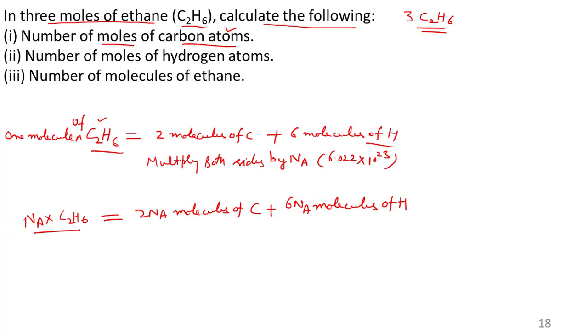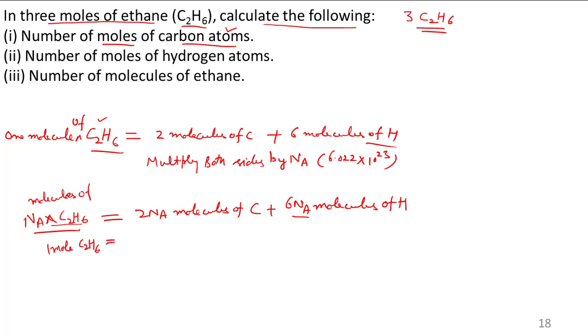We have Na molecules of C2H6 is equal to 2 Na molecules of carbon plus 6 Na molecules of hydrogen. Now Avogadro number of molecules of ethane is equal to 1 mole of C2H6.